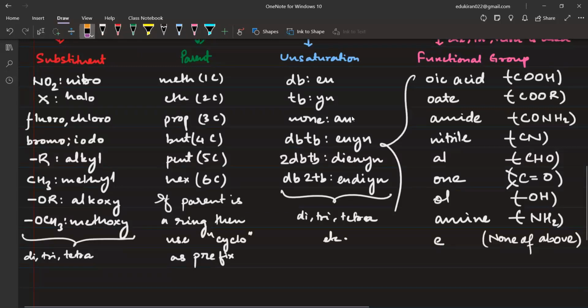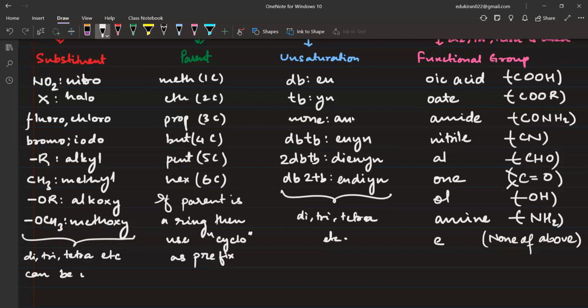And whatever is in the highest priority, that will be the functional group. Got it? यानी कि ये सारे क्या हो जाएंगे? All of these are going to be functional groups if they are present. है ना? ठीक है, functional group हो जाएगा.